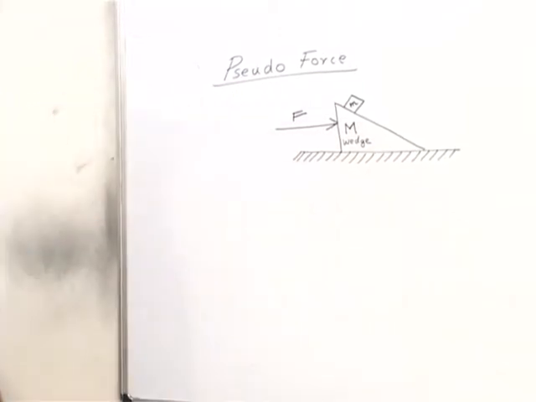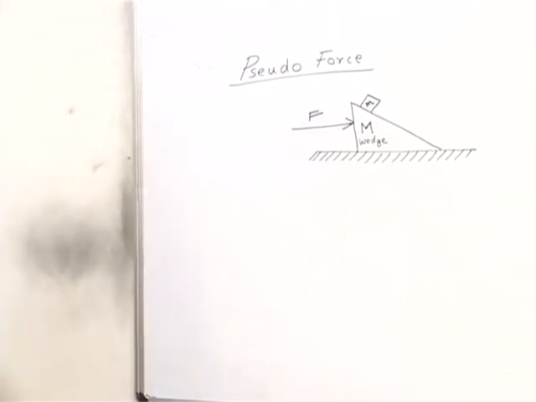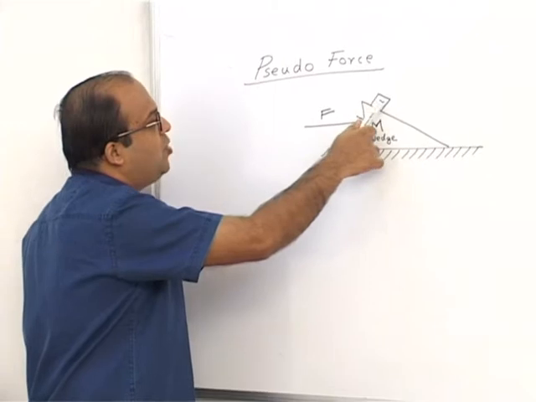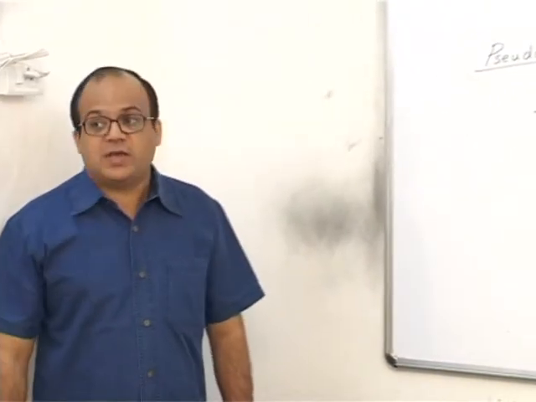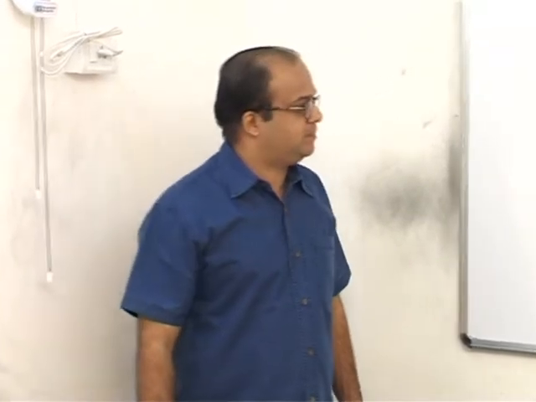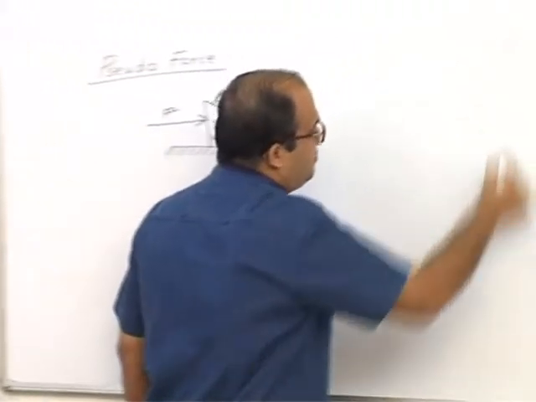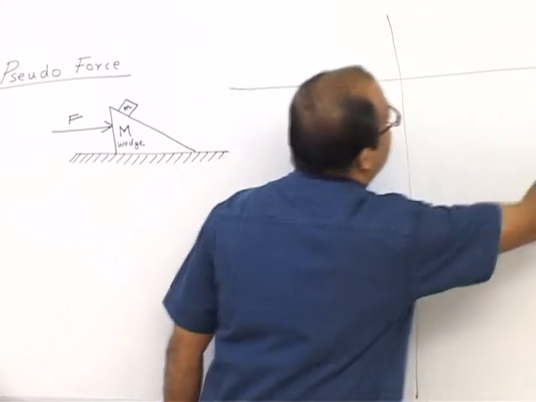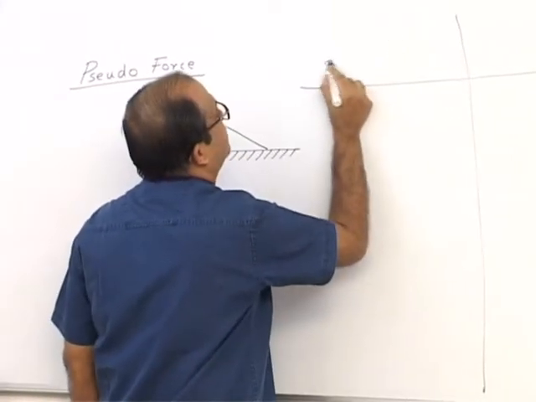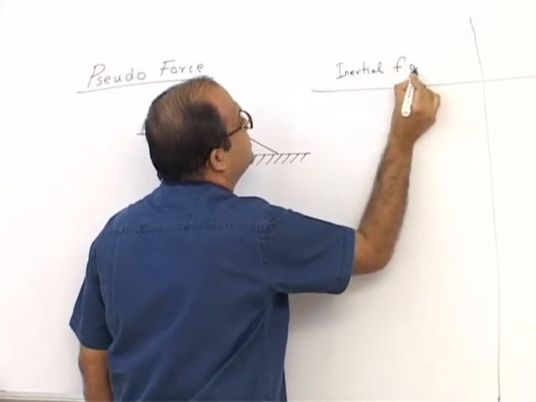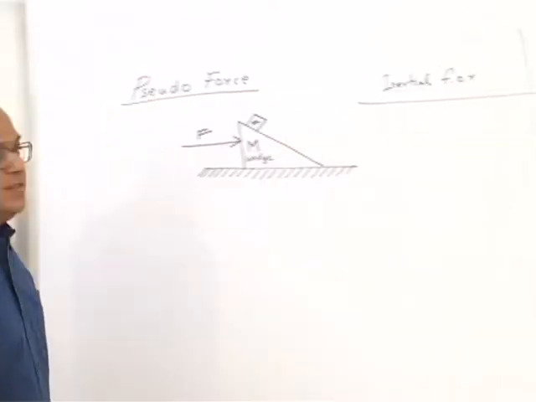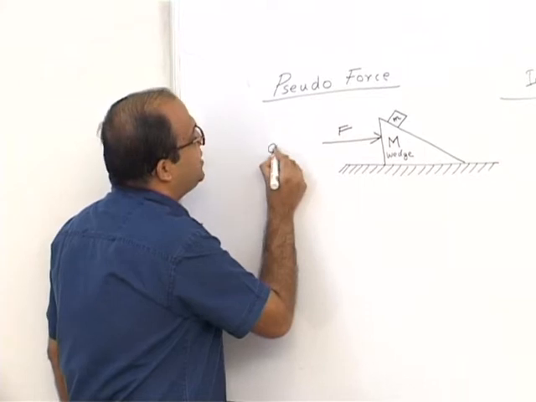The question asks what is the value of capital F so that small m remains at rest with respect to capital M. Now, first we will take an inertial frame of reference. This means the observer is on the ground.